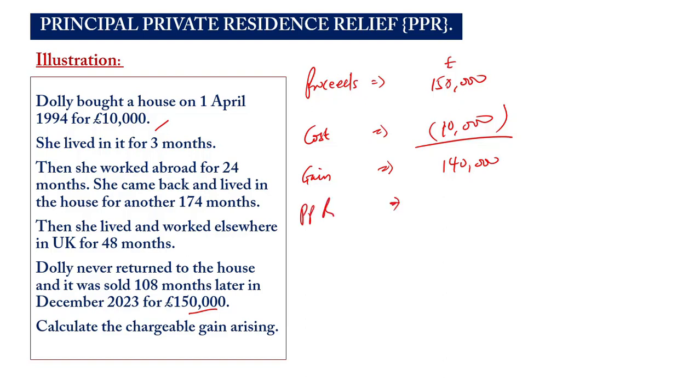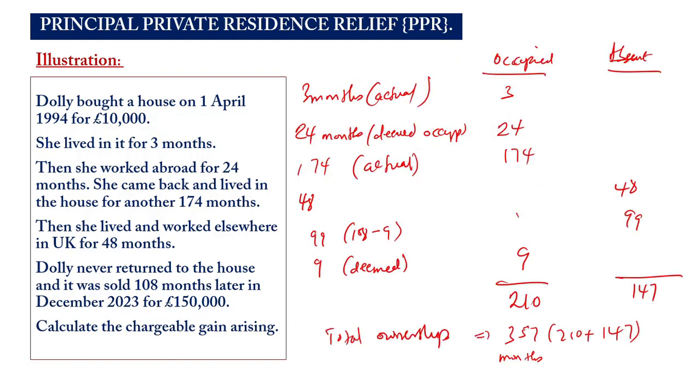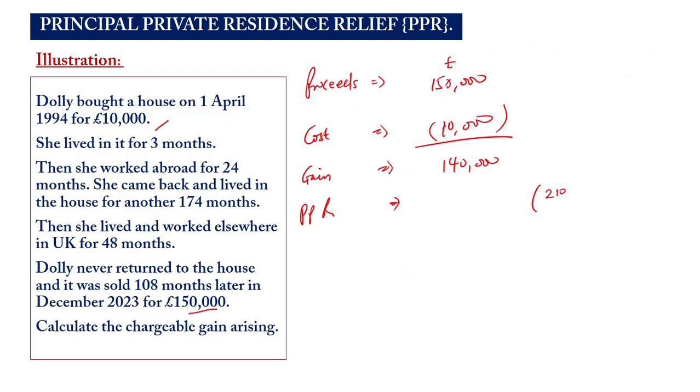Okay, so this is going to be here. The total amount was 357, and 210 was occupied. So it's going to be 210 divided by 357 times the 140,000. What would that be, please? So 82,353.